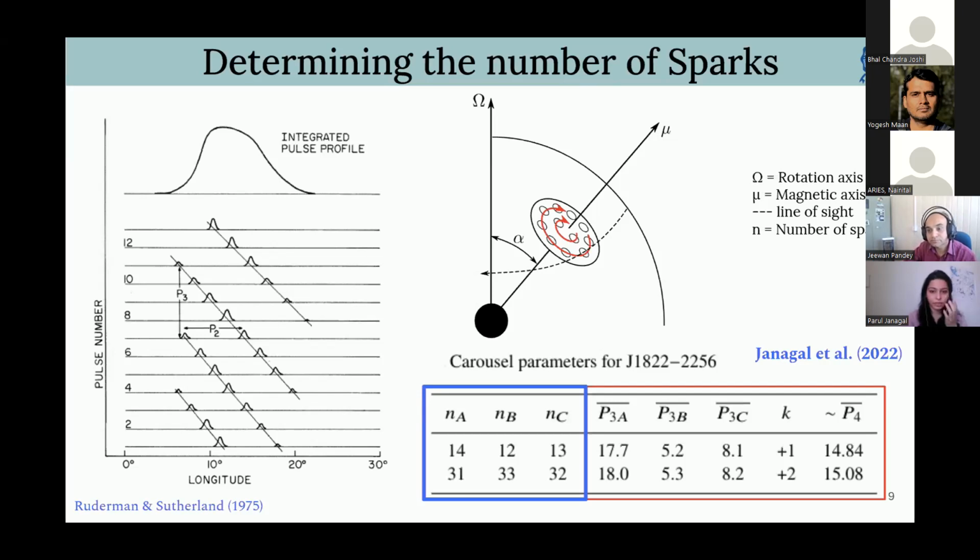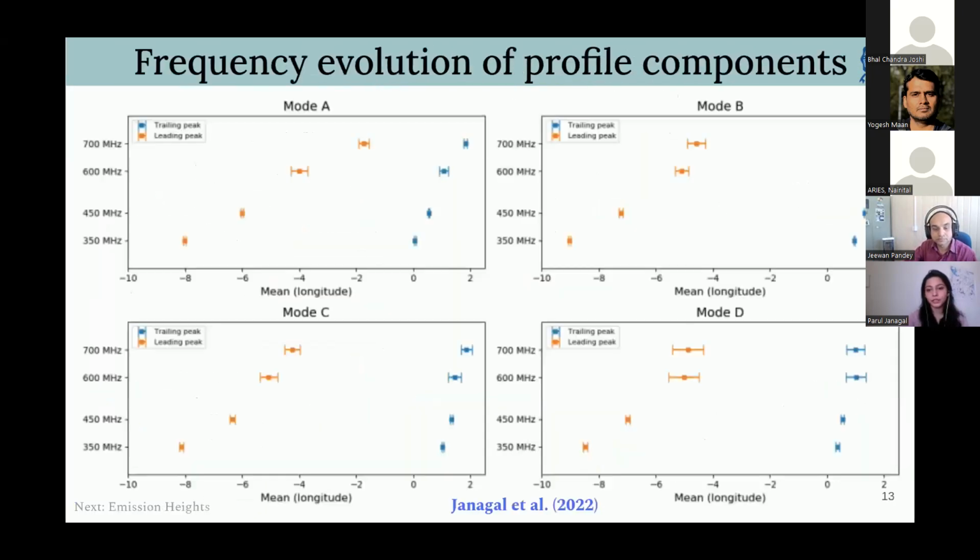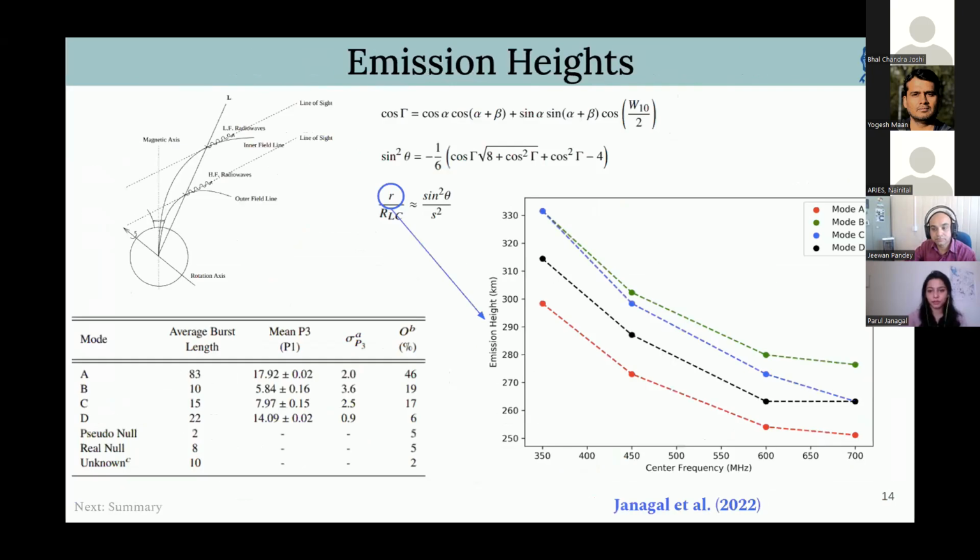Yes, but the sparks that are leading to this emission, they are getting formed around the surface, right? So this was just a small correlation that we found, that our number of sparks are just changing by 1 unit. For modes A, B, and C, there is a straight correlation between those number of sparks and P3.